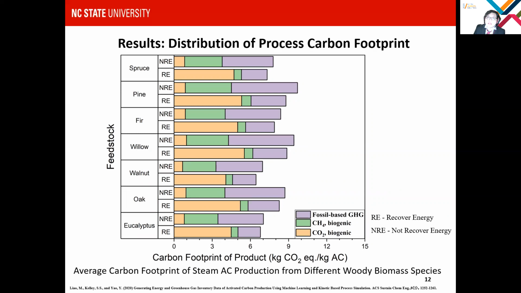Biogenic means this carbon comes from biomass, while fossil-based means non-biomass derived carbon emissions. The energy recovery here can increase the amount of biogenic carbon dioxide and reduce the fossil-based greenhouse gas emissions.